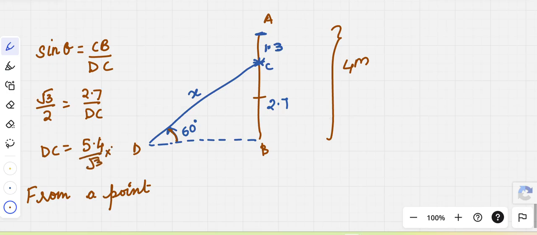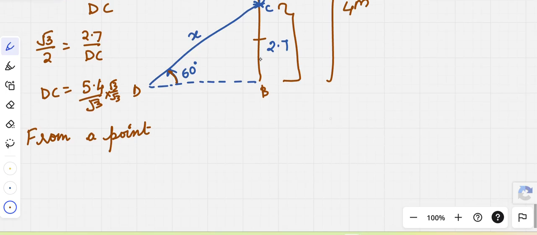Then you will just rationalize it. 5.4 root 3 by 3. That's your answer. If I simplify it, it will become 1.8 root 3. That's also fine. That was the answer for the previous one.